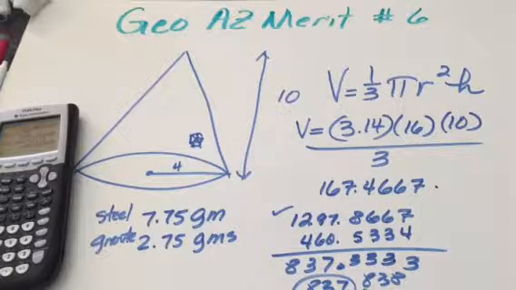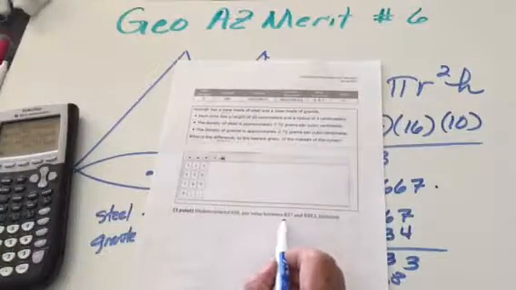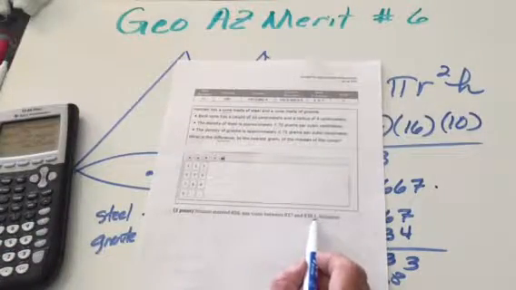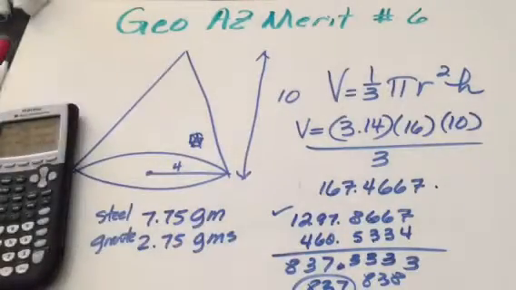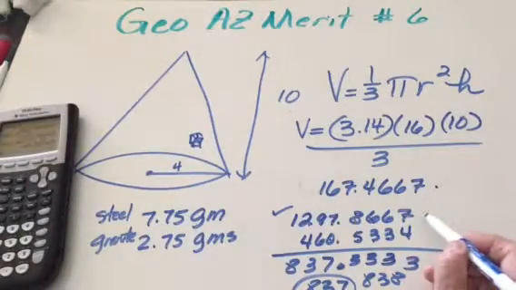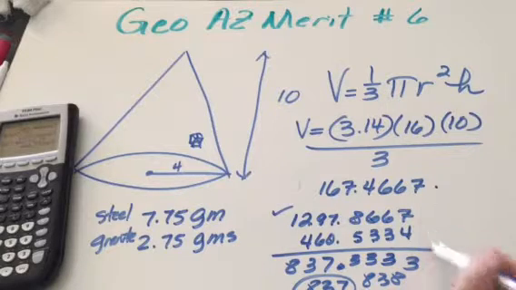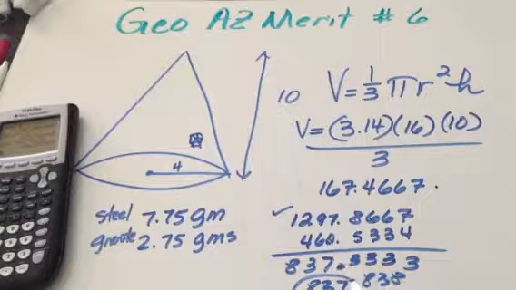If you had gotten anything between 837 and 838.1, or any of those numbers, my answer key says they would count it right. And the difference, guys, is going to be on how many decimal places you round it off to. So 837 is a perfect answer.